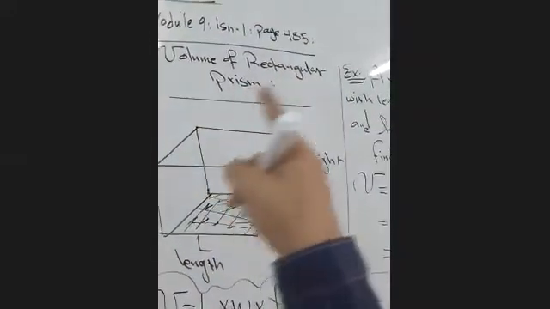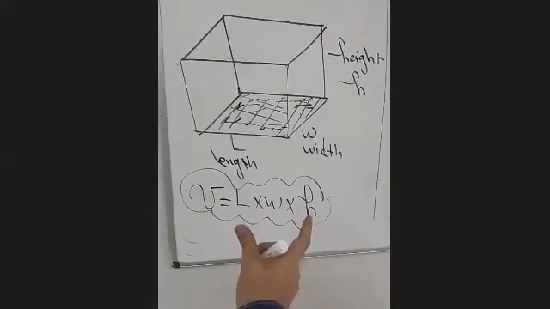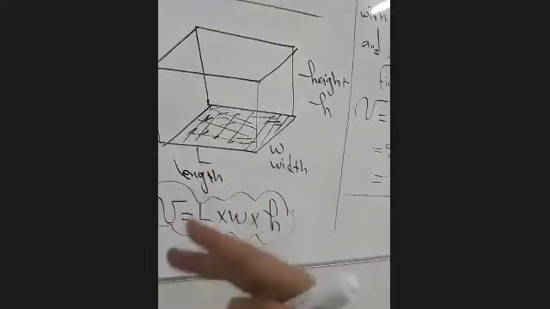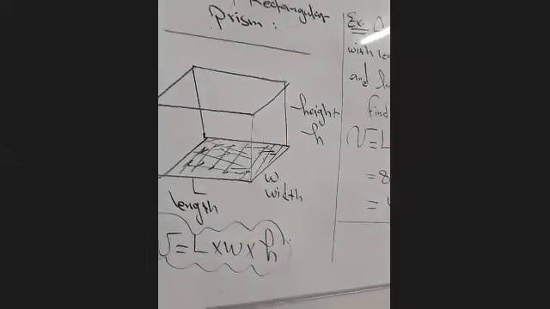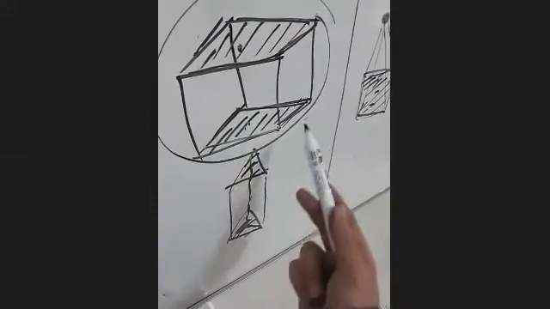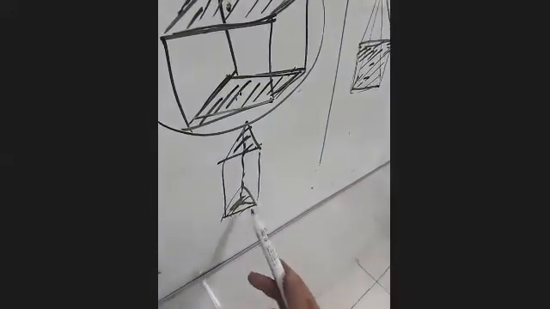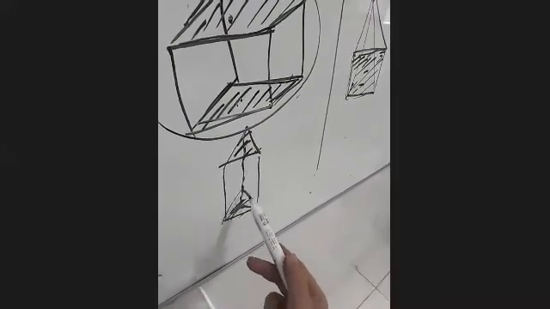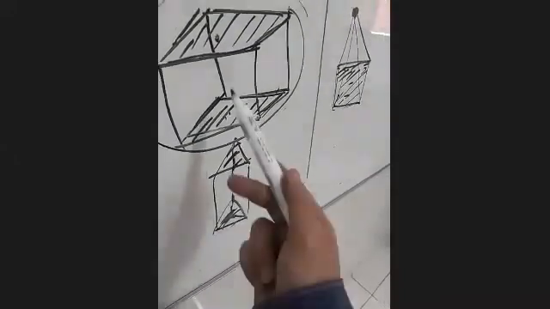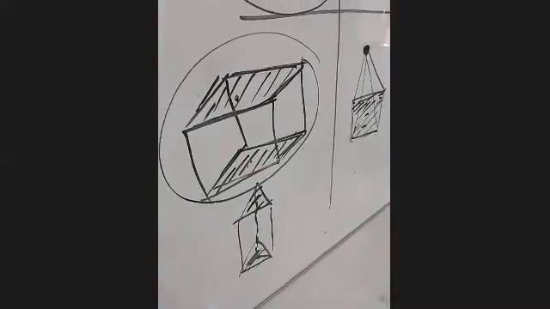But here I'm talking only about the rectangular prism, it has its special formula. Got it? But when we talk about other prisms, we will say that V equals big B times H, because the base here is what? Look here. What's the base here? It is a rectangle, right? And what's the base here? A triangle. So the base area is different from one prism to another. Get it? Yes. That's why.